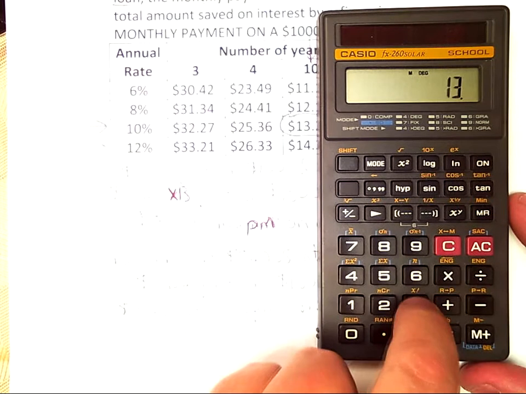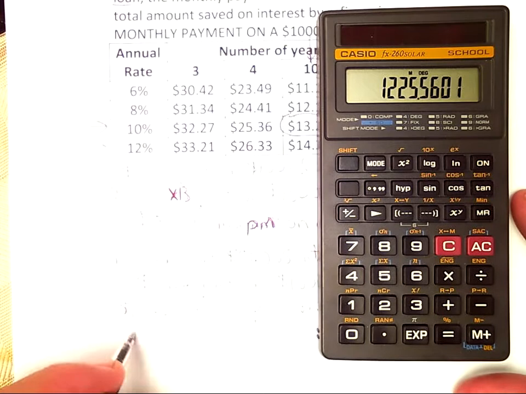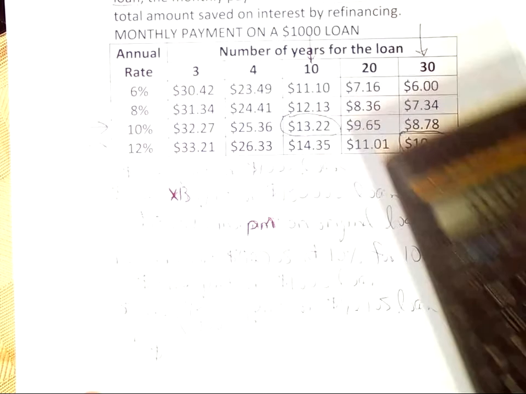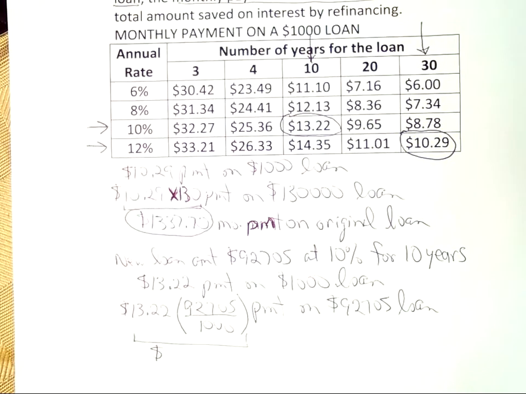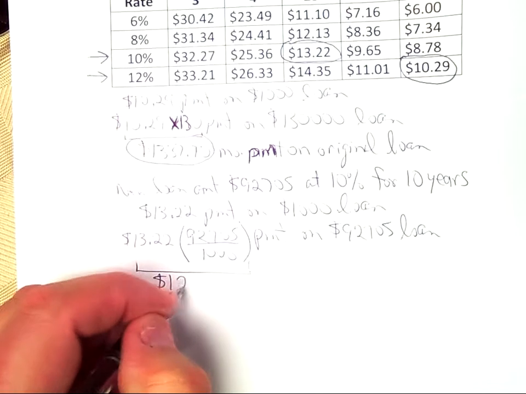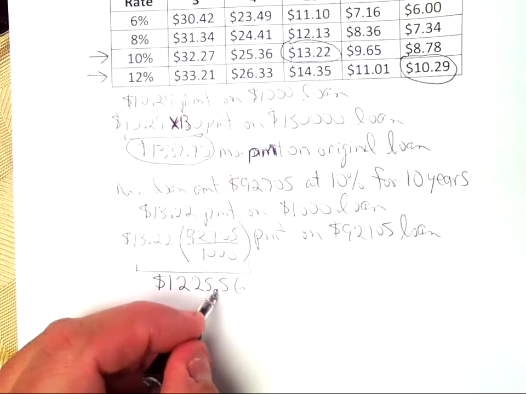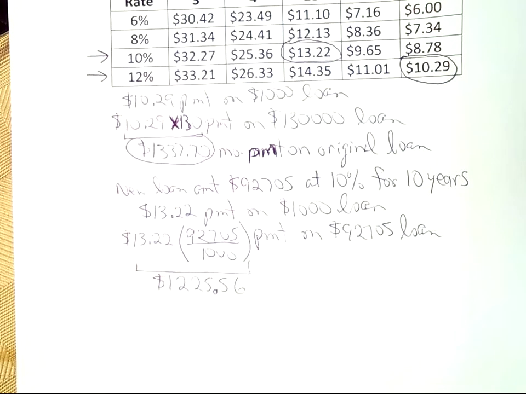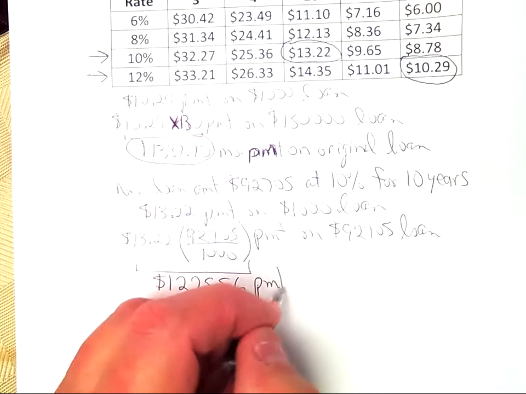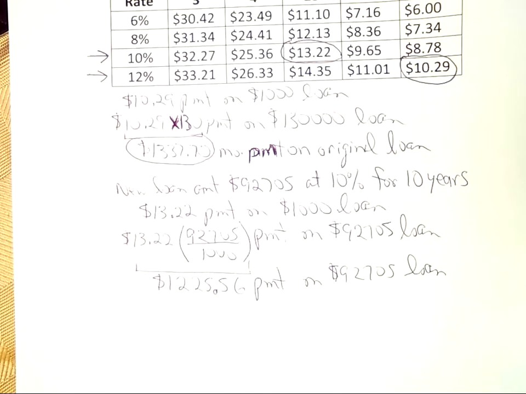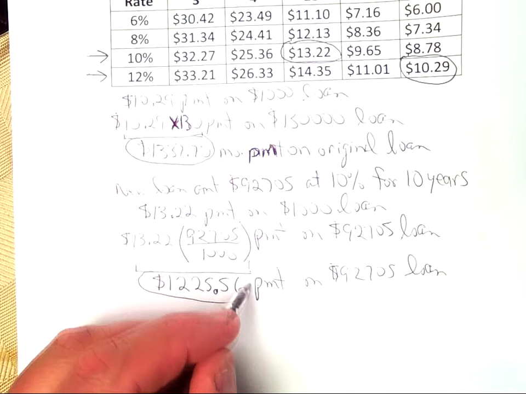So that would be $1,225.56. In other words, that'd be a $1,225.56 payment on that $92,705 loan. And that's the answer to the second question.